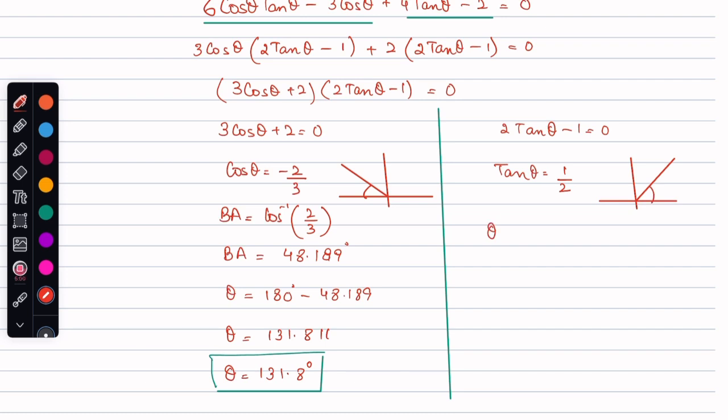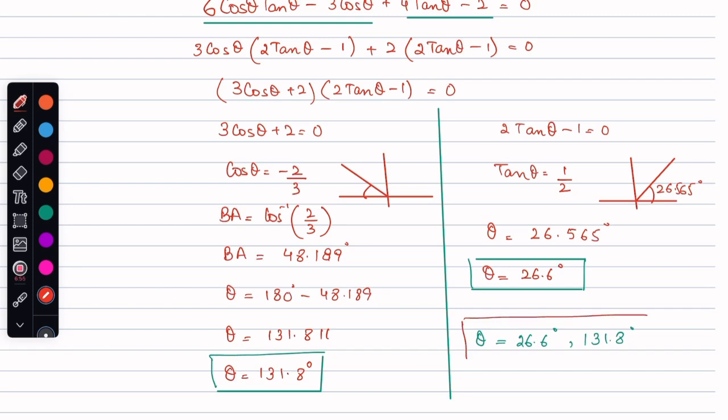And I can say that the theta angle here is going to be 26.565 degrees, or taking up to one decimal place, 26.6 degrees. Therefore, the answer for this question is theta equals 26.6 degrees and also 131.8 degrees. So this was a very simple question.